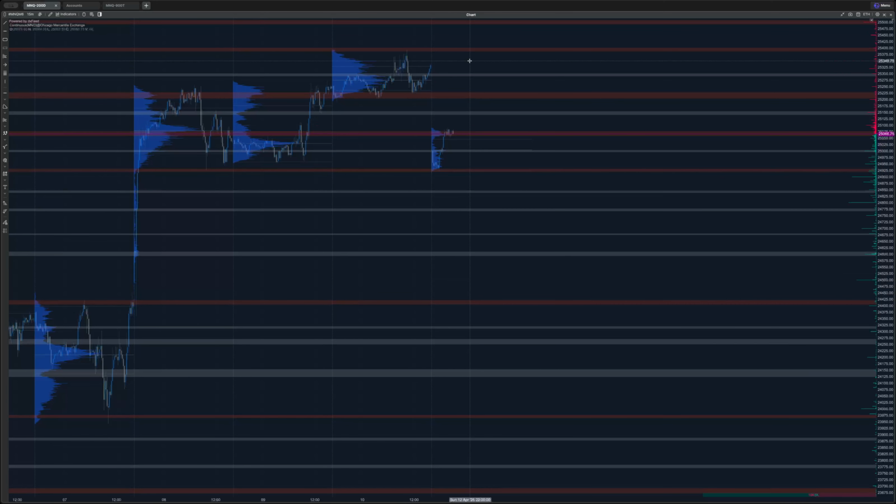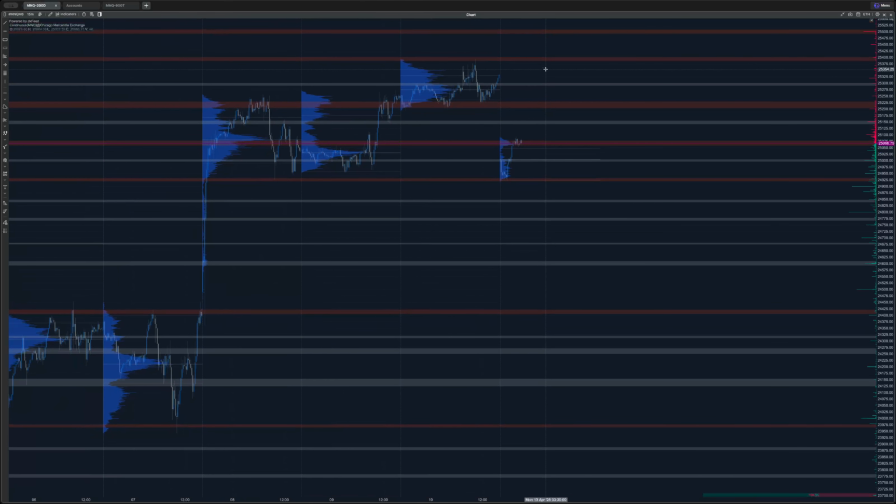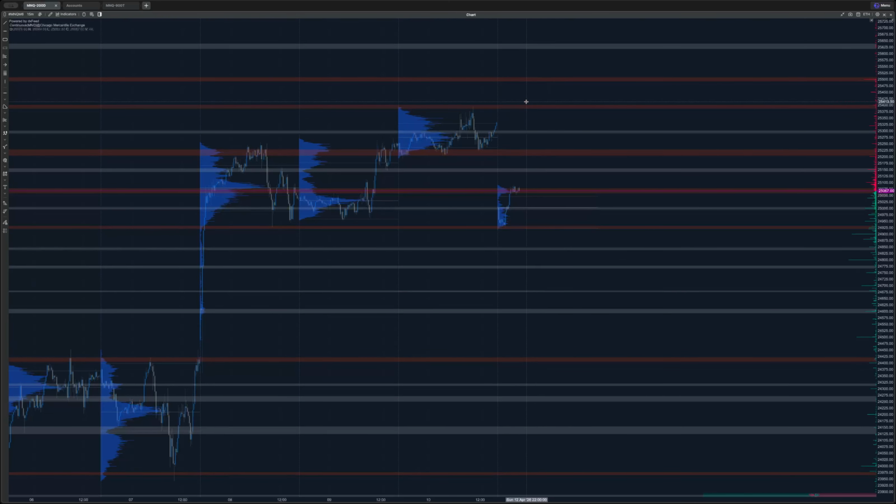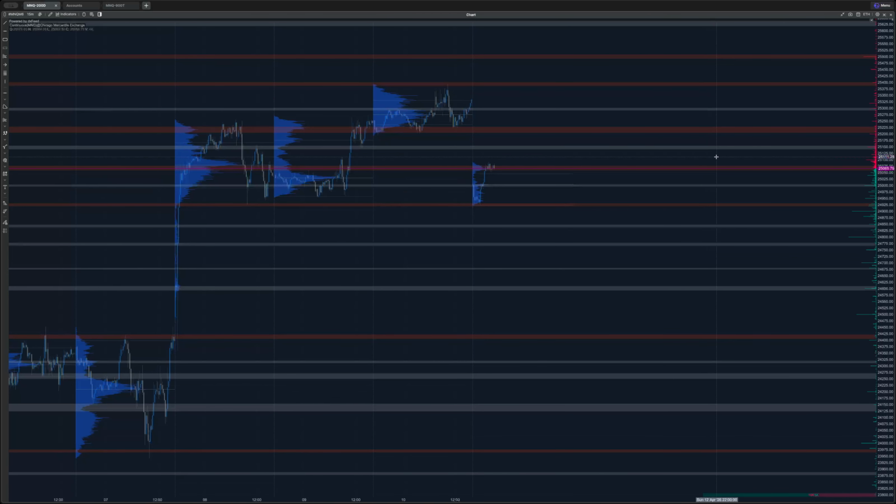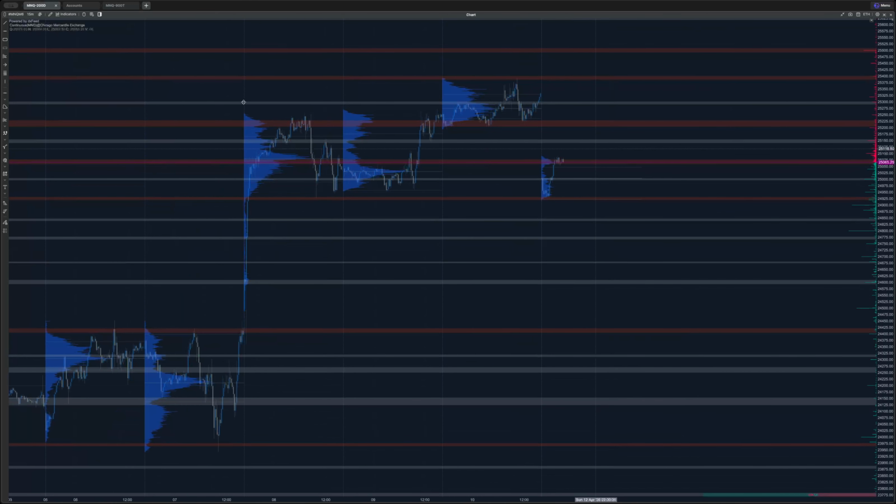As long as it's in this range here, within that range of the last 3 days, it's more range. I would only believe in a long trend if the market breaks the 25,400. But between 25,400 and 25,000, that's about the playground which I would settle for the upcoming days.